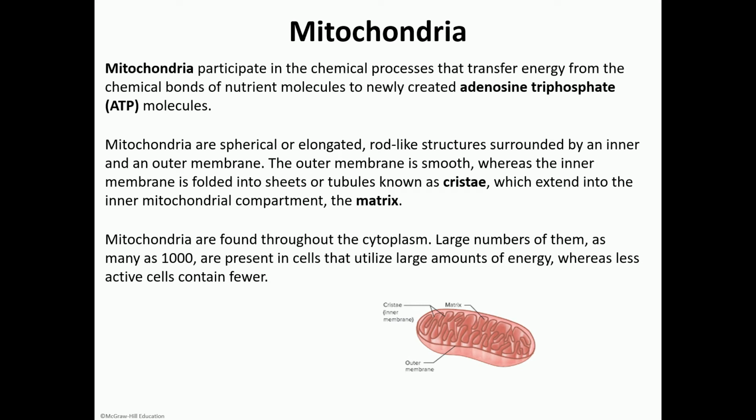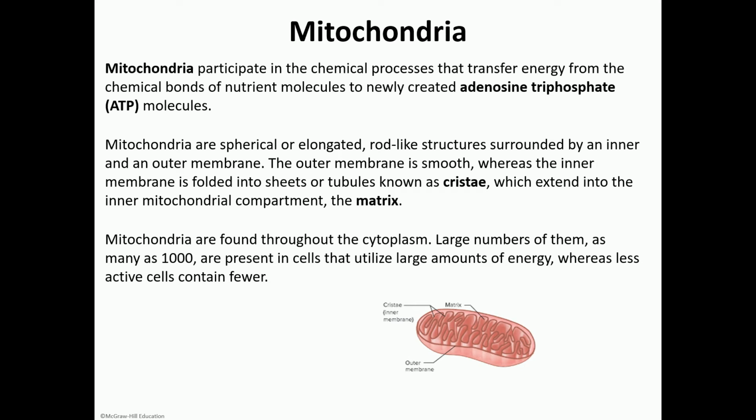So I want to ask you guys a question and think about it. Which cell would need more mitochondria? Would it be your muscle cell or say a skin cell? Obviously your muscle cell will need more mitochondria. Which is true. Muscular cells have tons of mitochondria, while skin cells would have less.